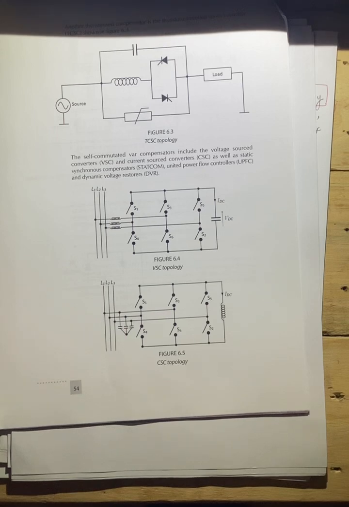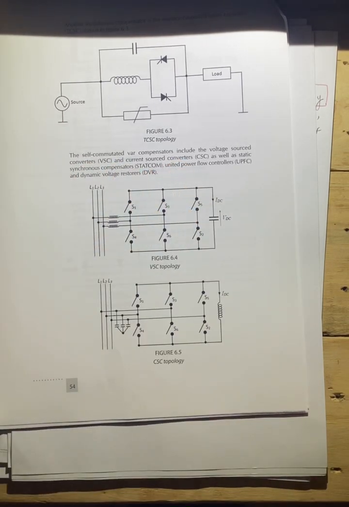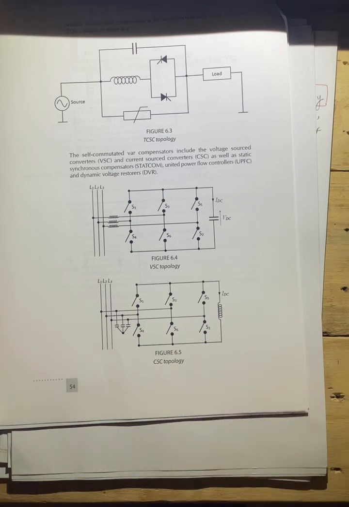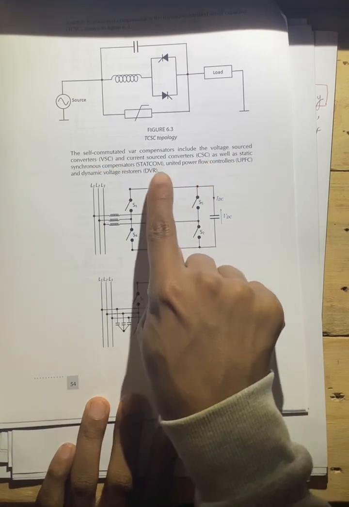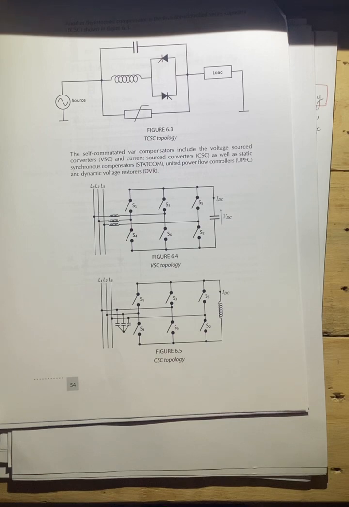That's it, long story short. Obviously, if you read it, it can be confusing, but these are just five different types of the same thing. What is the same thing? They are all self-commutated VAR compensators.